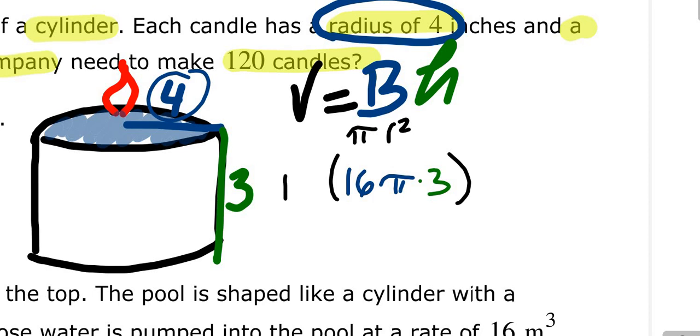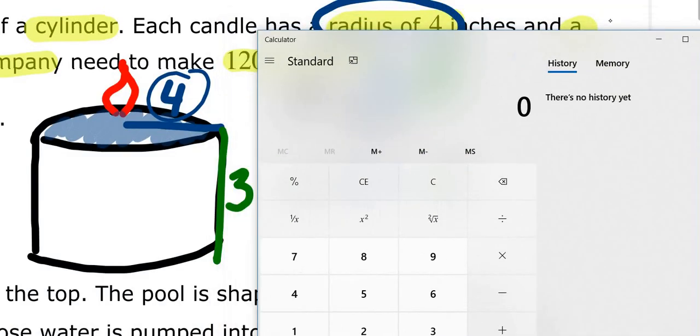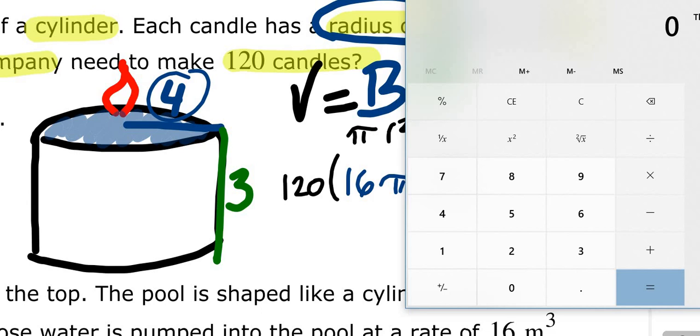And then we need 120 of them. So 3 times 16 is 48. So we have 120 times 16 times 3, and then times the pi there, which you want to use exactly 3.14.